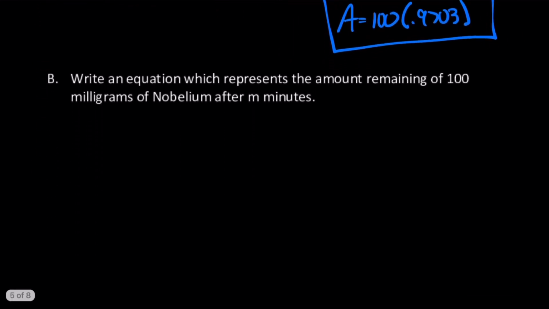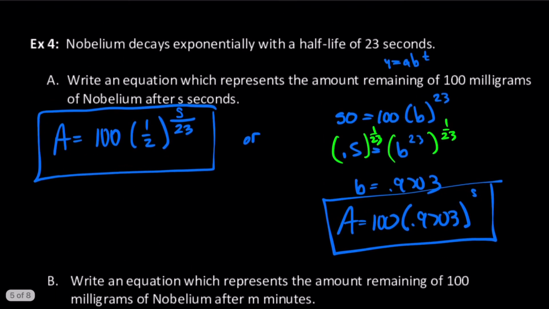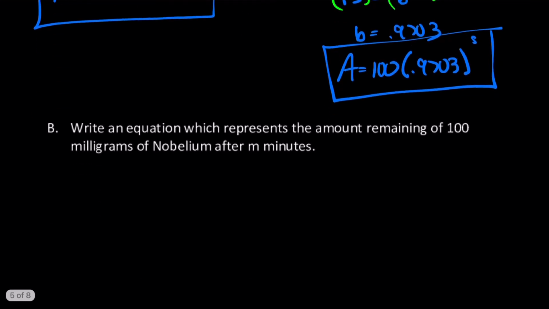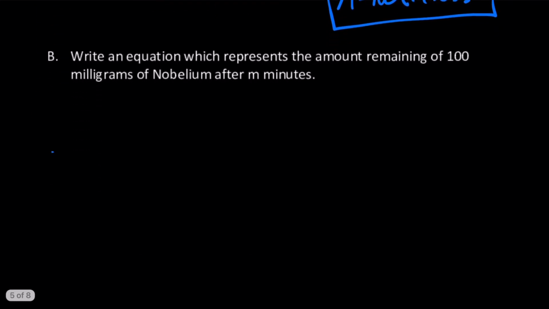All right, write an equation which represents the amount remaining of 100 milligrams of nobelium after m minutes. So basically what we're doing now is going from seconds to minutes. A larger unit of time means you're going to multiply this exponent by 60. So if I want to use this model here, I just need to multiply this by 60. Let me write that one down: A equals 100 times 1/2, or 0.5, to the 60m over 23.